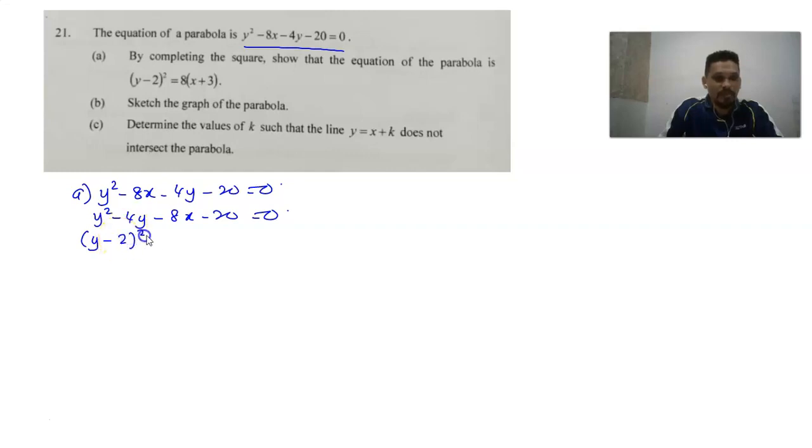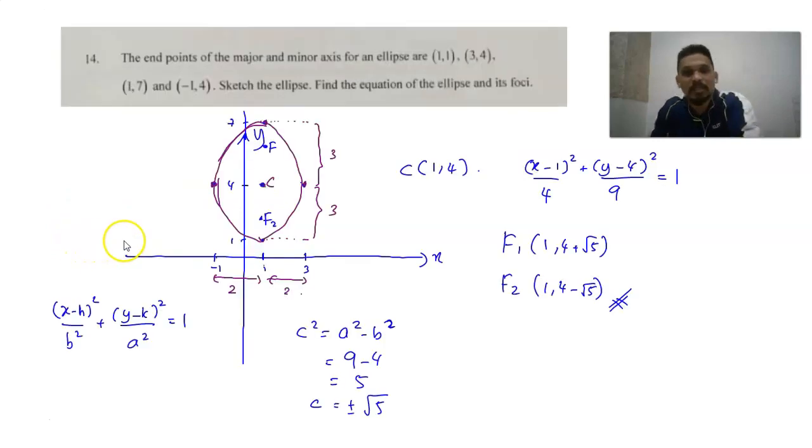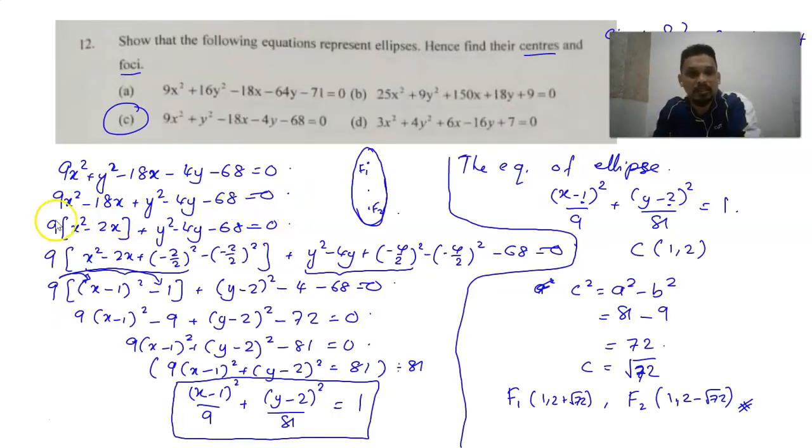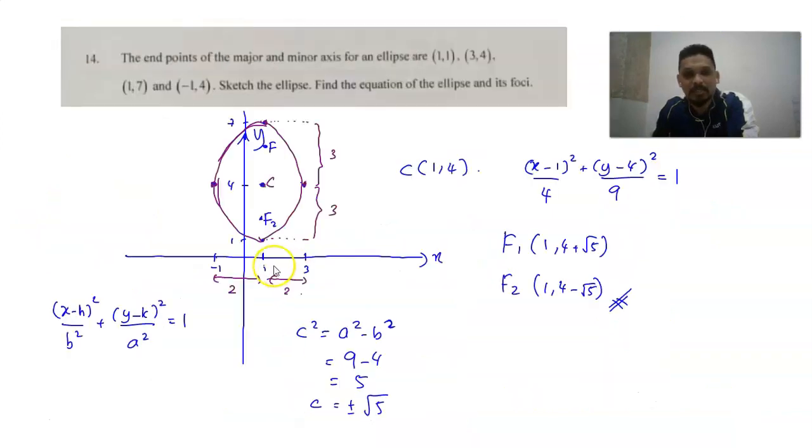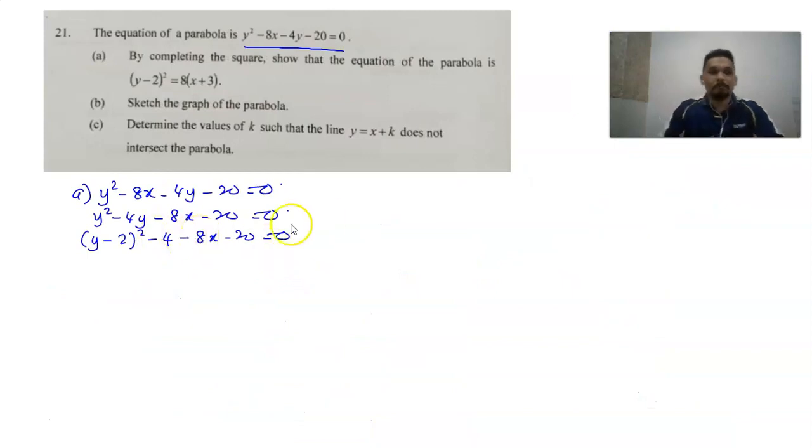So (y minus 2) squared minus negative 2 squared, which equals 4, minus 8x minus 20 equals 0. I skipped one step here; please refer to the step in between.